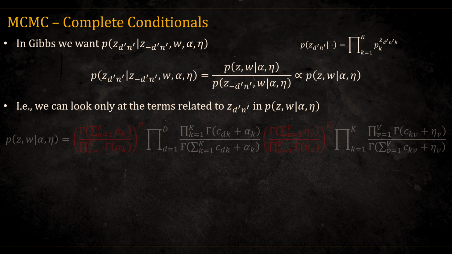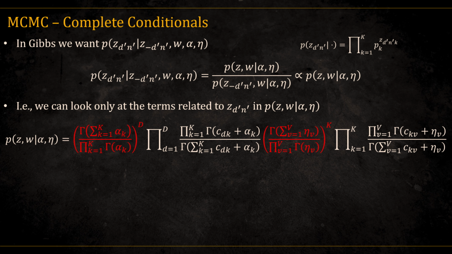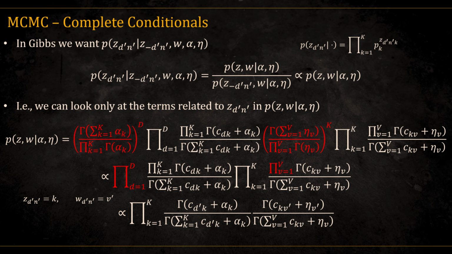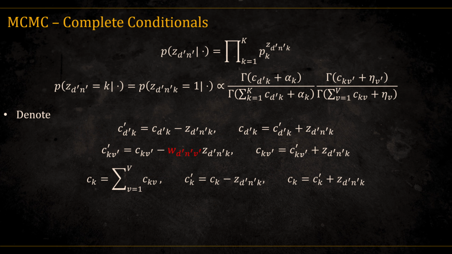The prior's normalizing constants can be ignored as they don't depend on the z's. Since we are caring for a specific z that is related to a specific document and a specific word, we can throw away the product over d and the product over v, and from now on use d prime and v prime, where v prime is the word in position d prime, n prime. Remember that z is categorical, so it's of the following form.